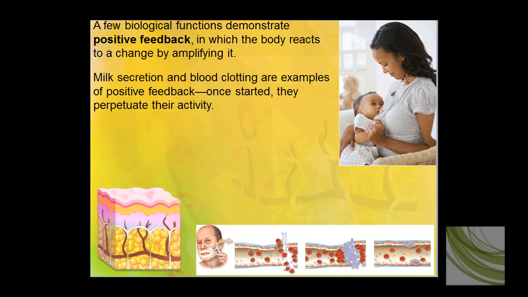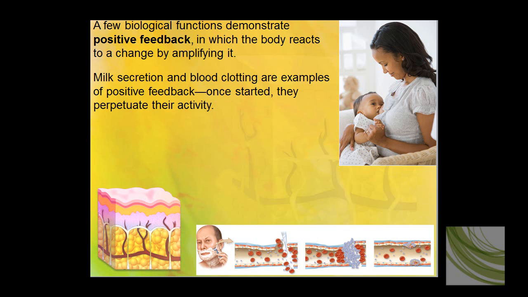So, for instance, birth. When you undergo parturition, during the entire nine months that you are pregnant, if you're a female, you are building oxytocin receptors on the walls of the uterus. Oxytocin causes the muscles in the uterus to contract.